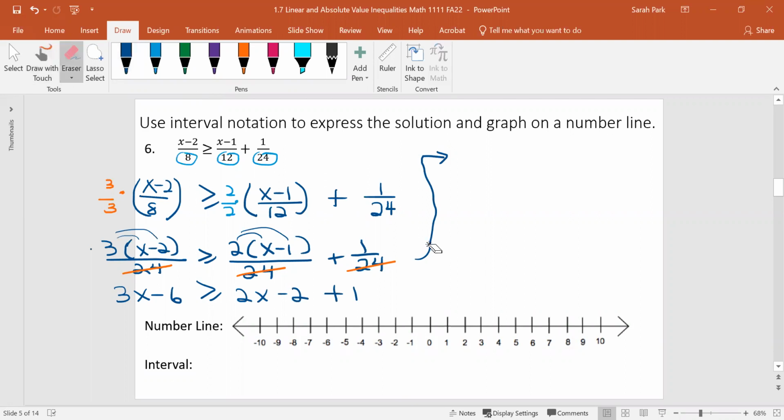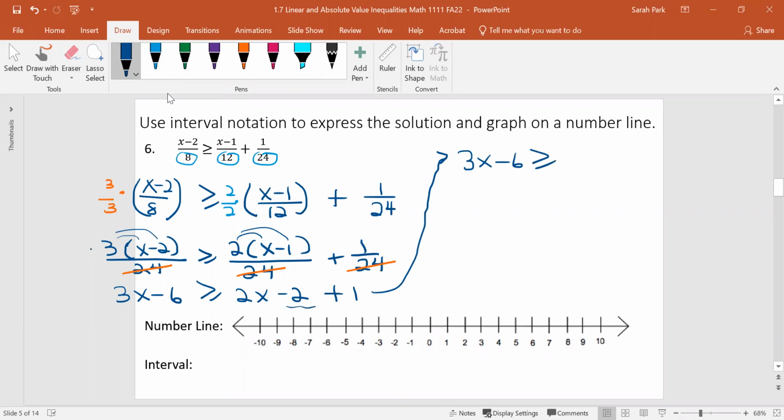And now let's simplify like terms on the right-hand side. Negative 2 plus 1 is negative 1. So we have 2x minus 1.